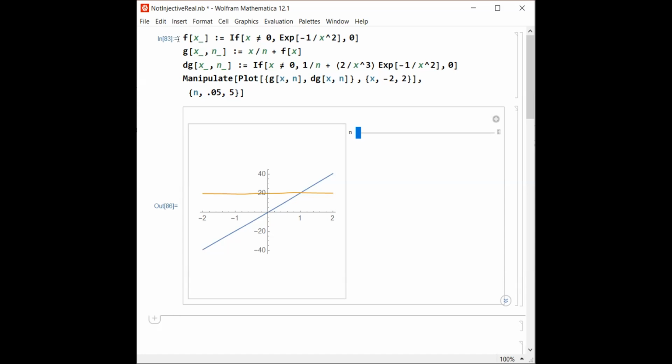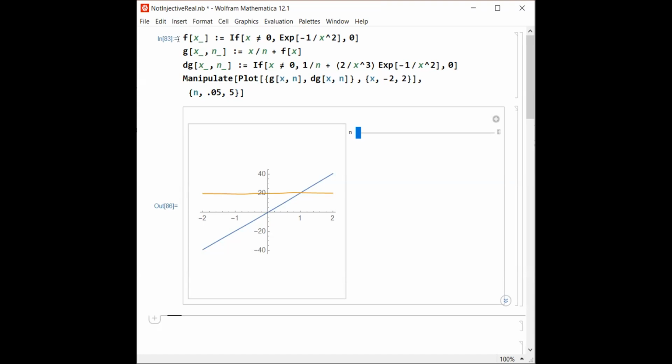Mathematica is not happy with e to the negative 1 over x squared when x equals 0. So I'm defining it like this so that the computer will allow me to work with it. So my function g is just x over n plus f of x. As n goes to infinity, what does x over n go to? It goes to 0, right? And so this will converge to f of x.